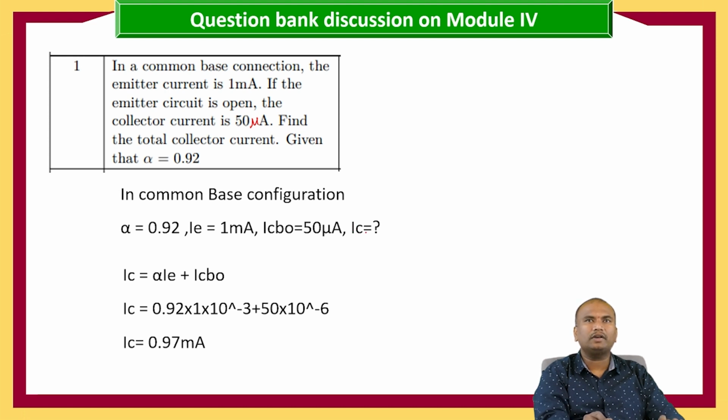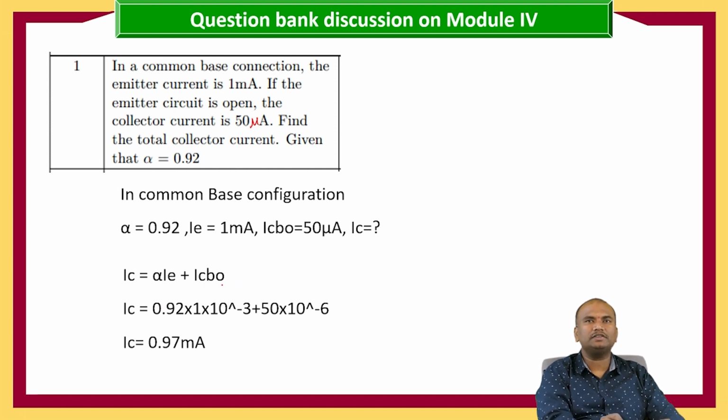We need to calculate the collector current. The formula for calculating the collector current is IC equals alpha into IE plus ICB0.